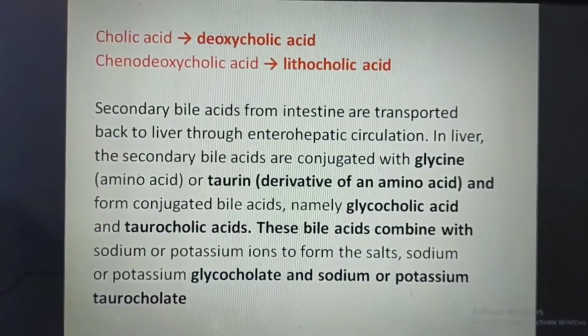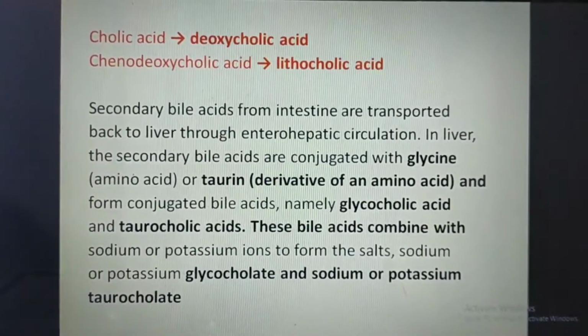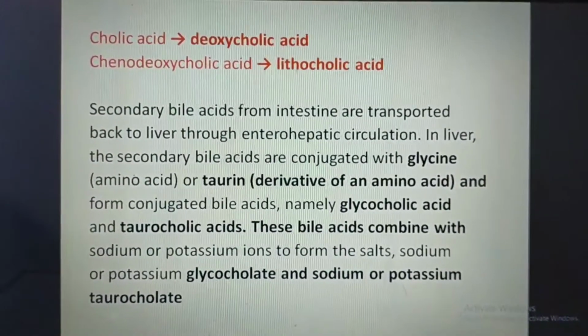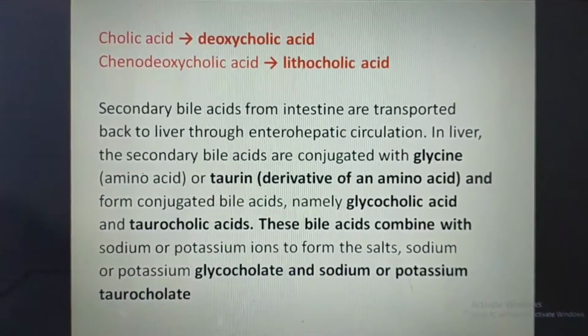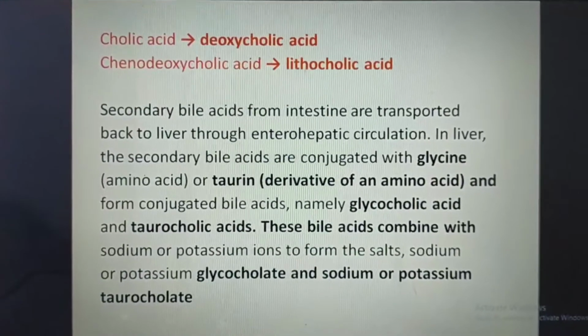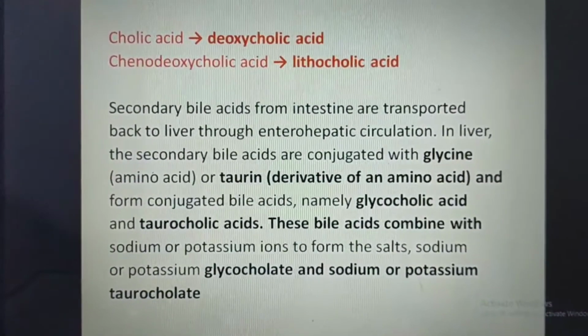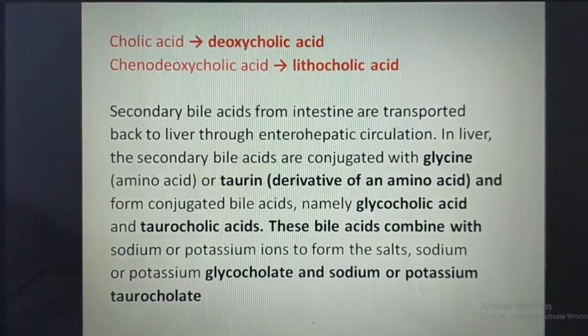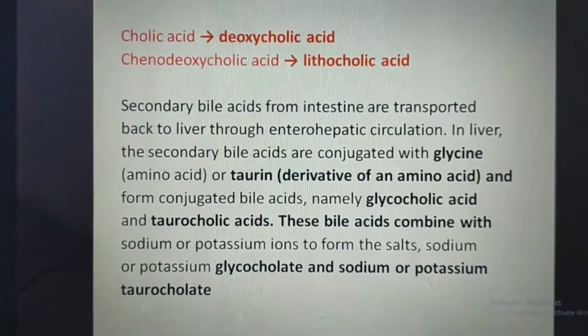In the liver, the secondary bile acids are conjugated with glycine or taurine and form the conjugated bile acids, namely glycocholic acid and taurocholic acid. These bile acids combine with the sodium or potassium ions to form the salts. Sodium or potassium glycocholate and sodium or potassium taurocholate.